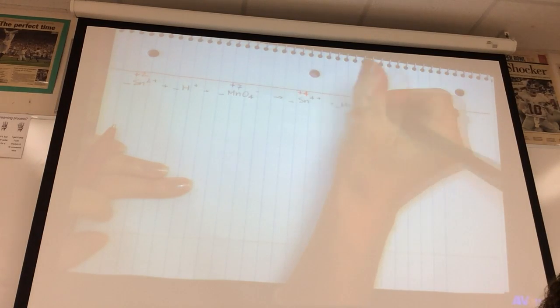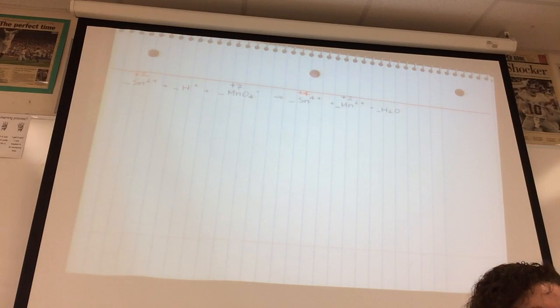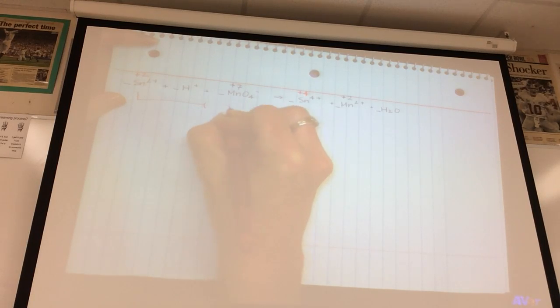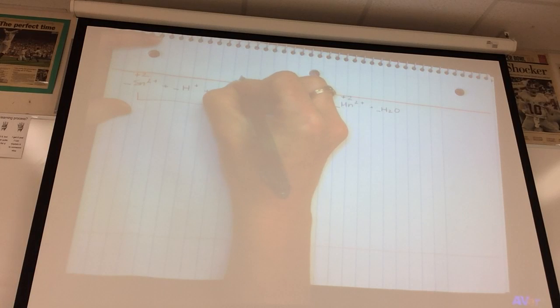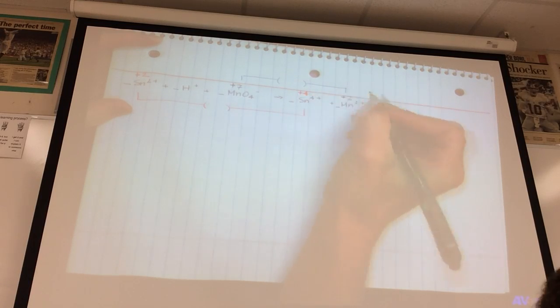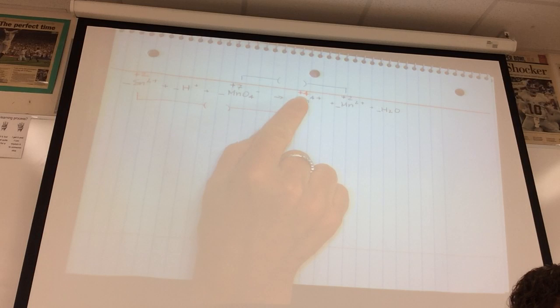The manganese ion has a 2+ charge, so its oxidation number is +2. I like to make lines.